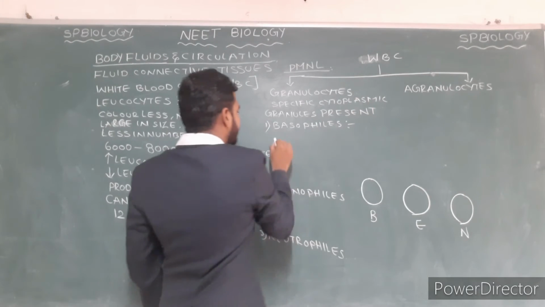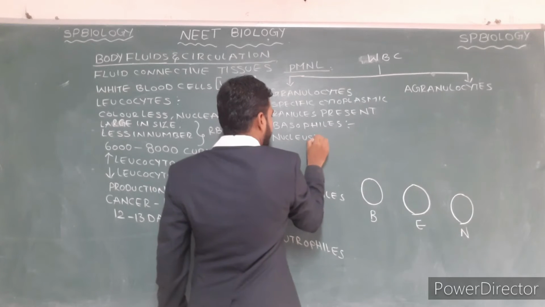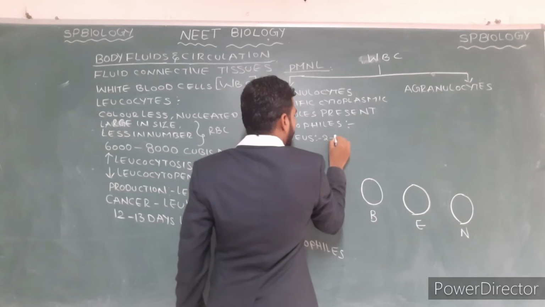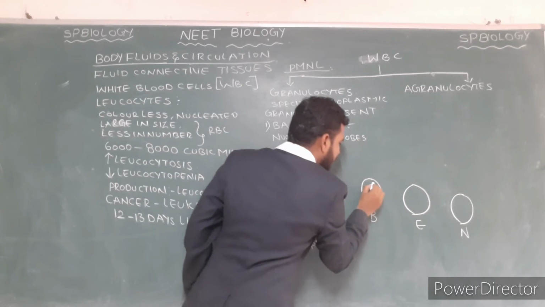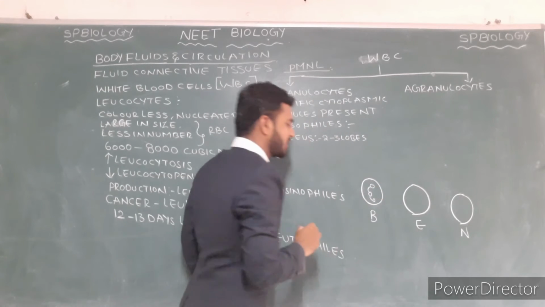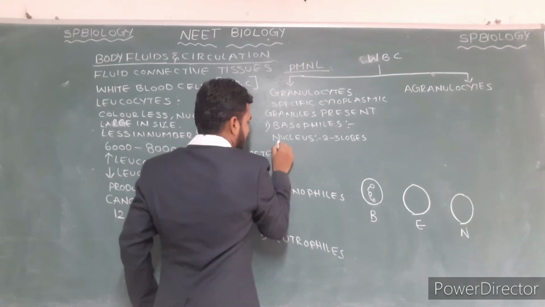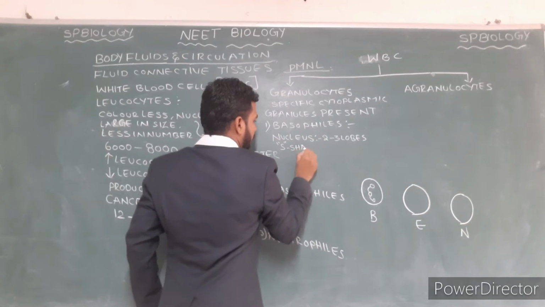The nucleus in basophils is 2 to 3 lobed. It is S-shaped.